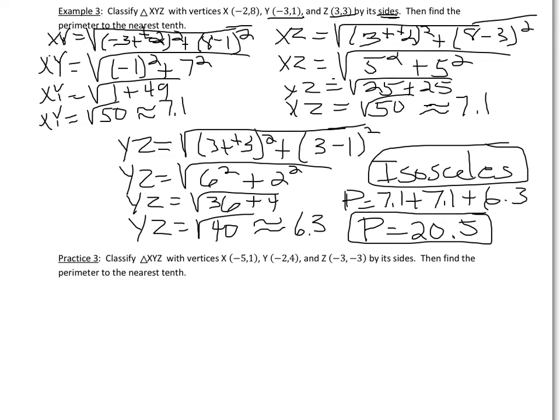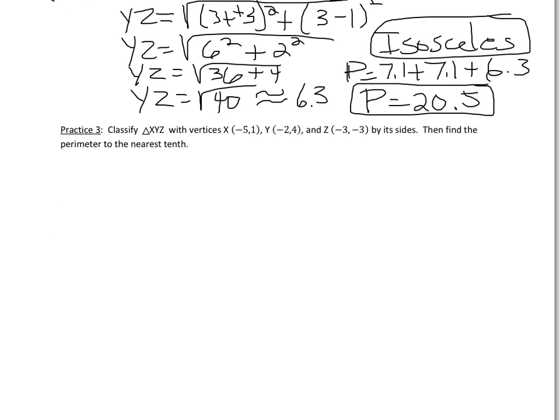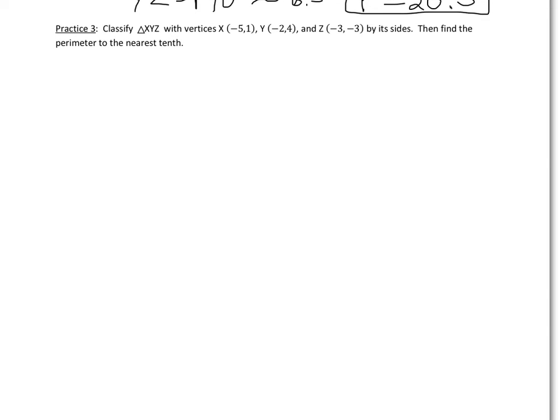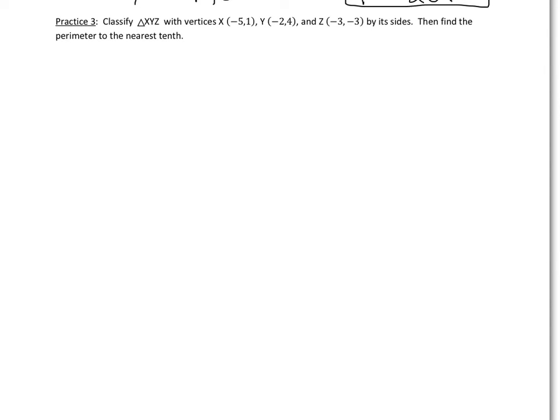Alright, I was going to have you guys do this next one as practice, but let's do it together. We've got a new triangle XYZ with new points, and we're going to find what type of triangle it is and its perimeter. Let's start with XY. We're going to do the square root of negative 2 minus a negative 5 squared plus 4 minus 1 squared.